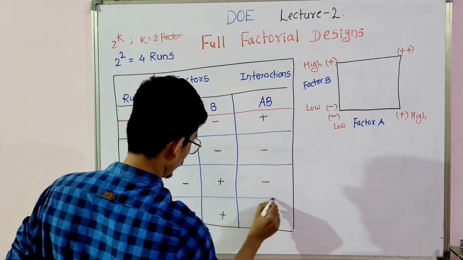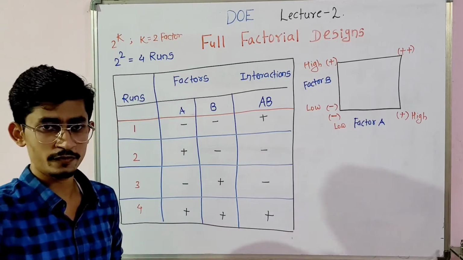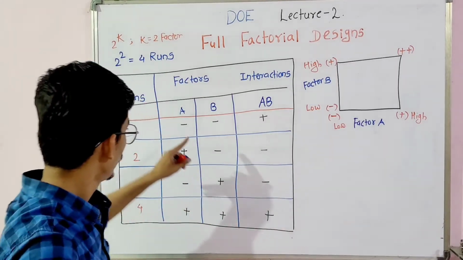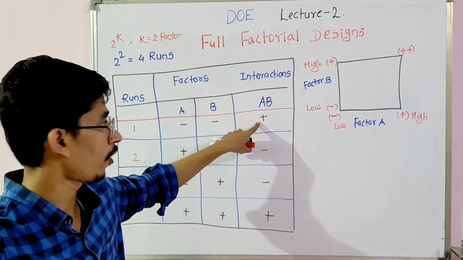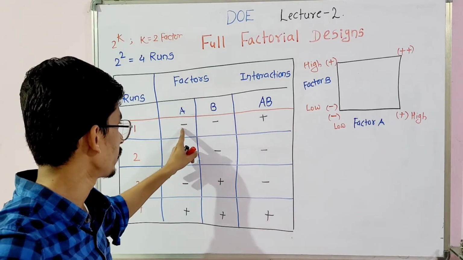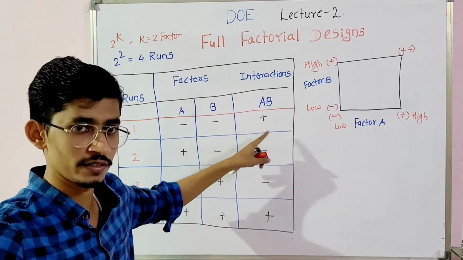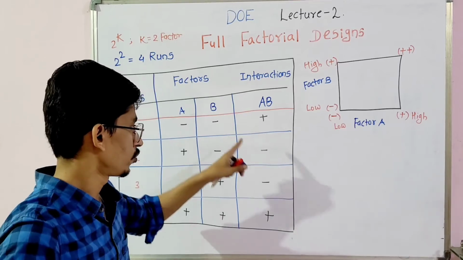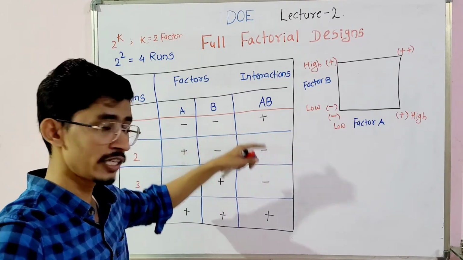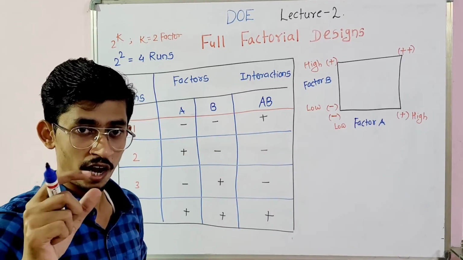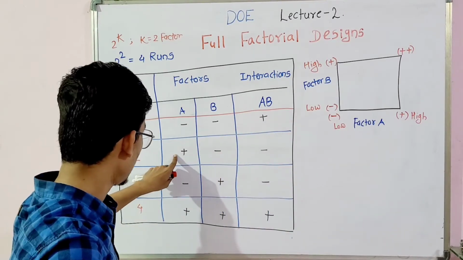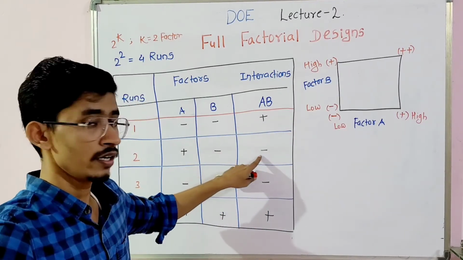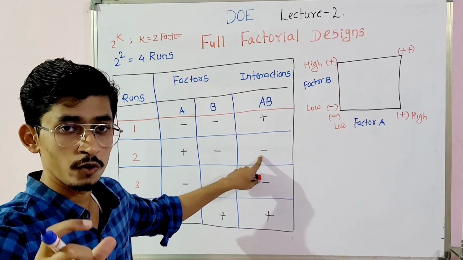So it is very crystal clear. Low level of A, low level of B, the combined effect or interaction effect of A and B is minus minus plus. You can remember likewise. So low level of A and low level of B, ultimately you will get a result as high level of interaction effect AB. High level of A, low level of B, the interaction effect of AB is a low level.